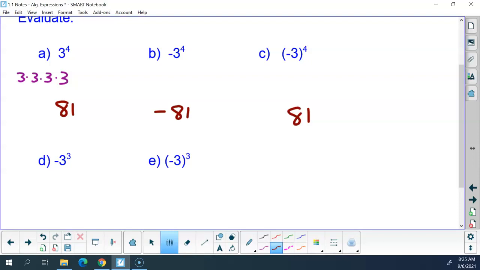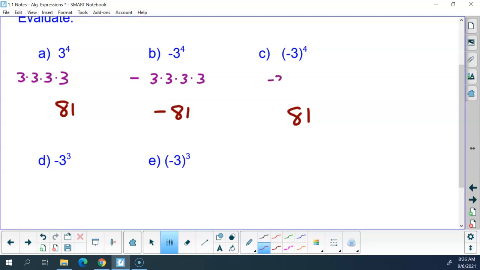For the B, this one here, I did it in purple. We've got that negative sign, and then it's that 3.